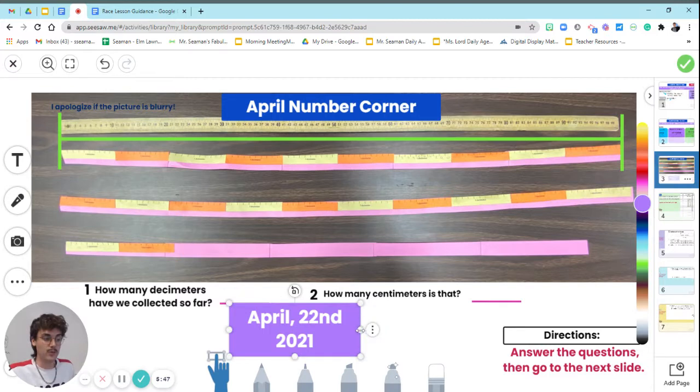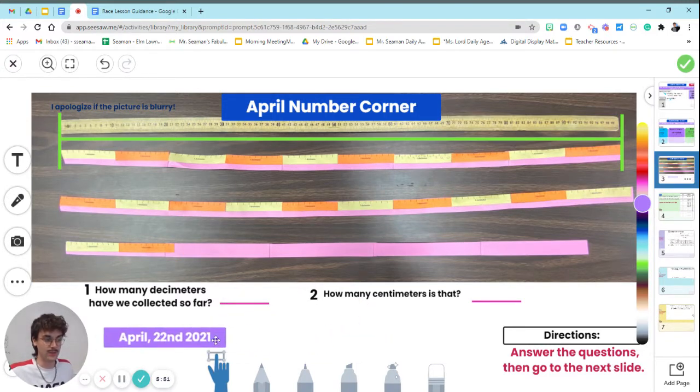Because it's April 22nd, how many decimeters do you think we've collected so far? You can count, or you could use multiplication. If I'm adding 1 decimeter per day, and it's the 22nd day, how many decimeters am I going to have during that time? Go ahead and figure that out.